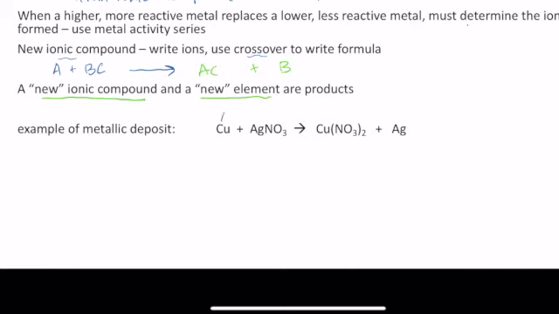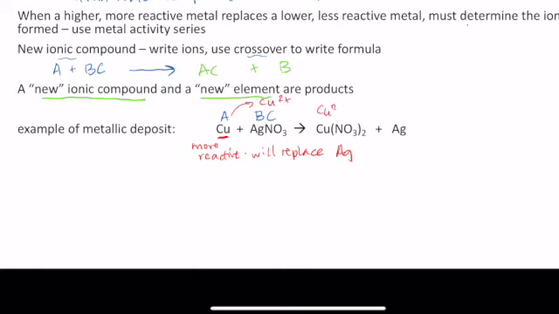where you have copper and silver nitrate. What happened is that copper formed the copper ion, because copper is more reactive, and this more reactive metal will replace the silver. It forms the ion first, the copper plus 2 ion.